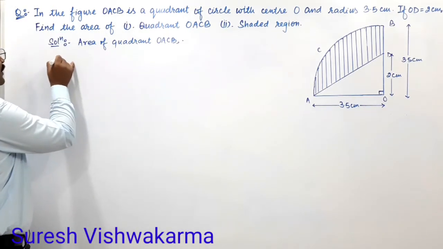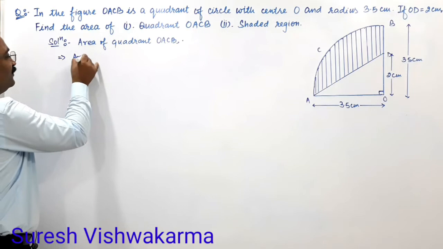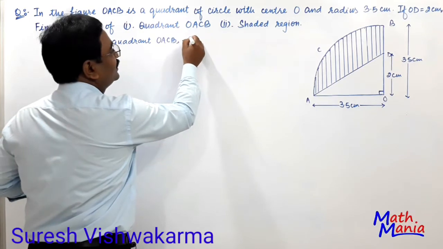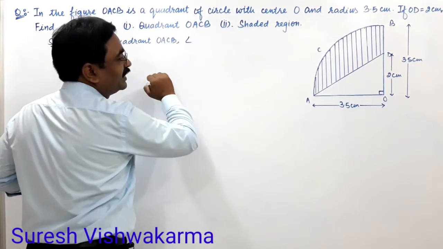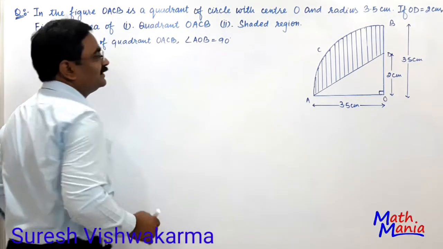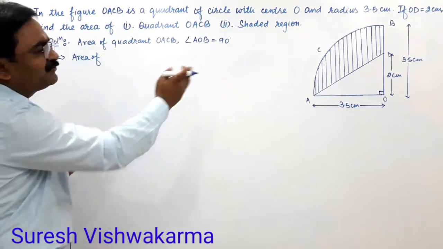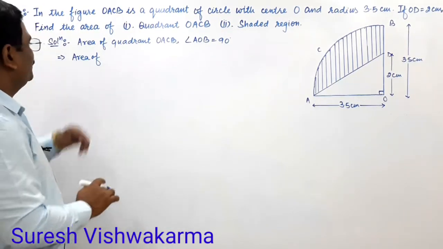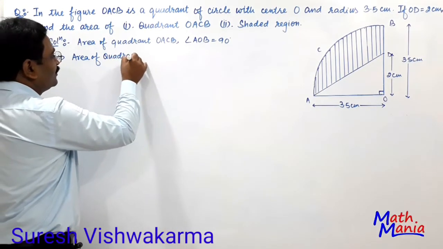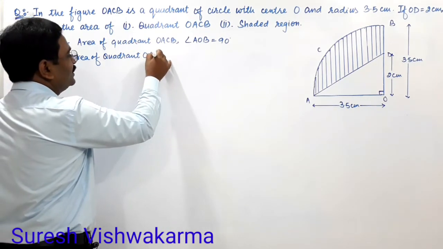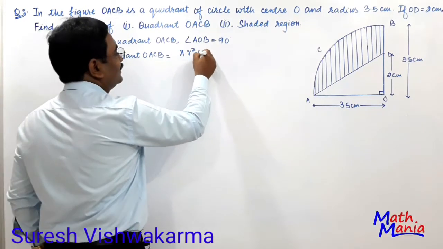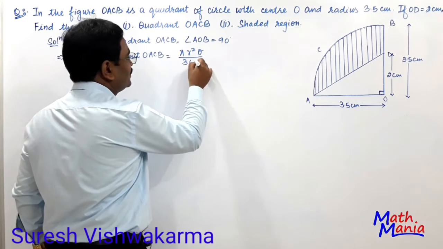Therefore, for the area of quadrant OACB, you can write that the measure of angle BOA or AOB is equal to 90 degrees, right? As every piece of information is shown there in the figure. So the area of quadrant OACB is equal to pi r square theta upon 360, right?